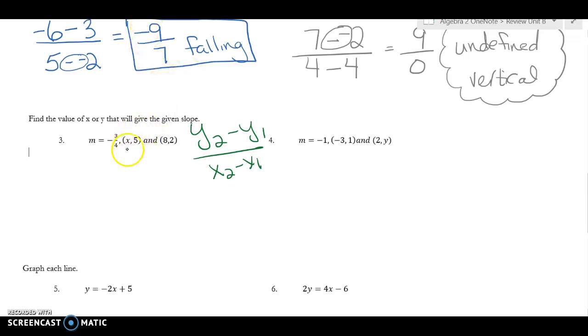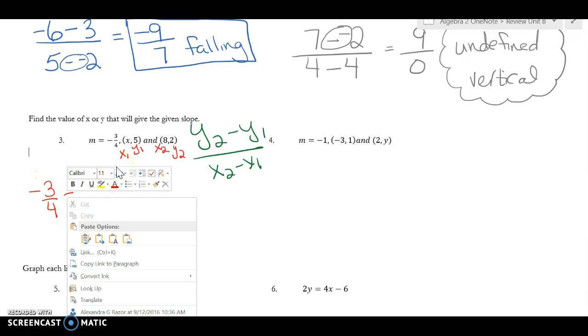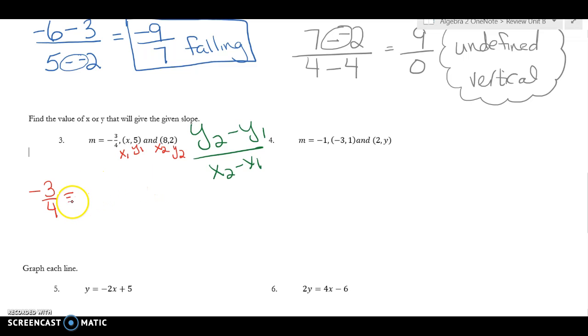So again, I'm going to label my points: x1, y1, x2, y2. This time I know my slope. So I'm going to say negative 3/4 equals y2, which is 2, minus y1, 5, over 8 minus x.